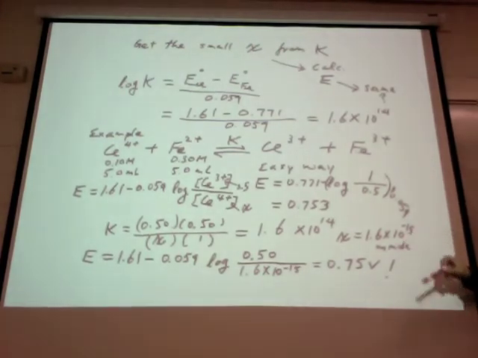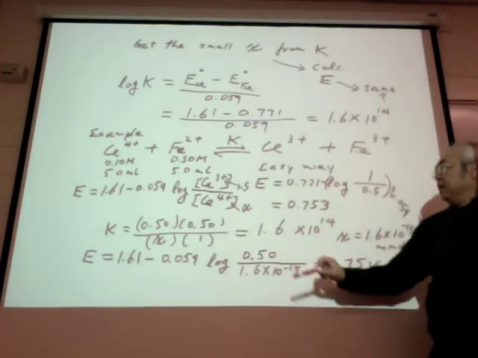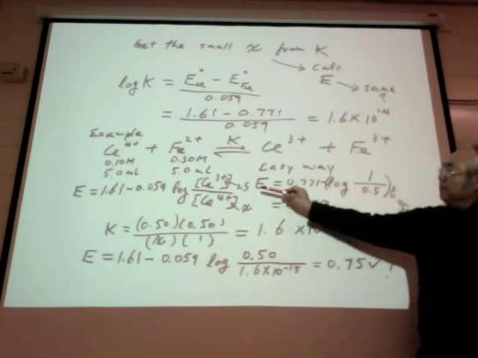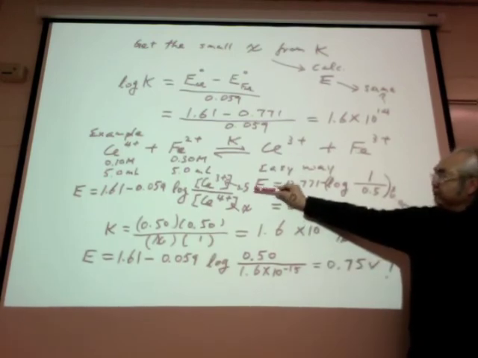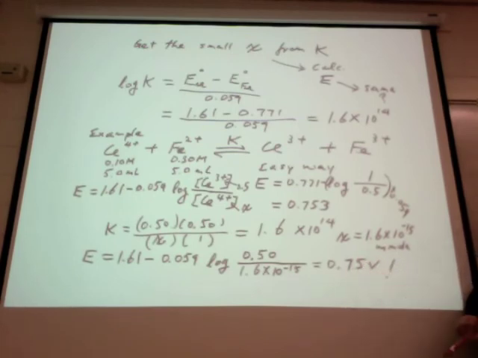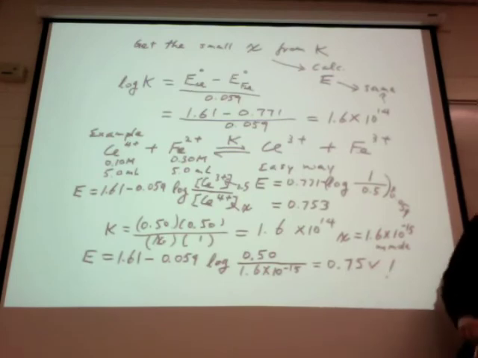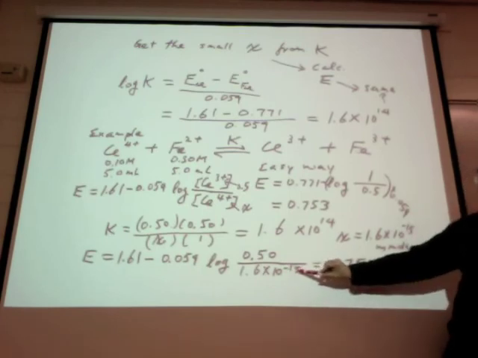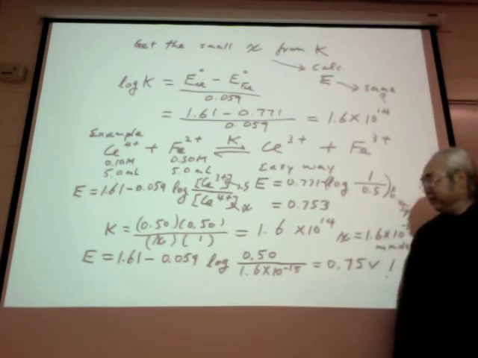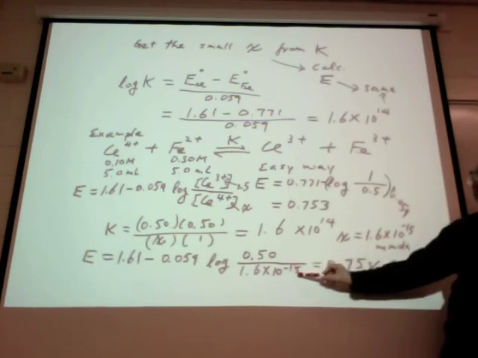Okay, so now you can plug in and calculate. So now log 0.5, the Nernst equation, 0.5, X is this number. Then you end up with the same value, 0.75 volt. Okay, this is 10 to the minus 15. So you may say, let me guess, how can you get this number?